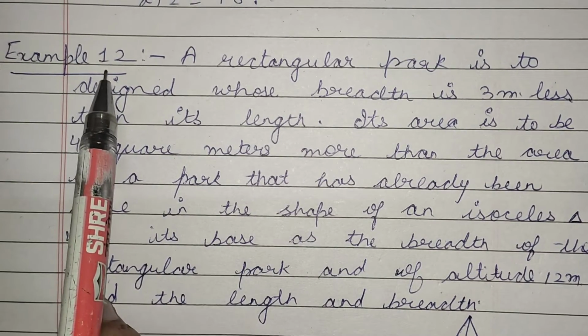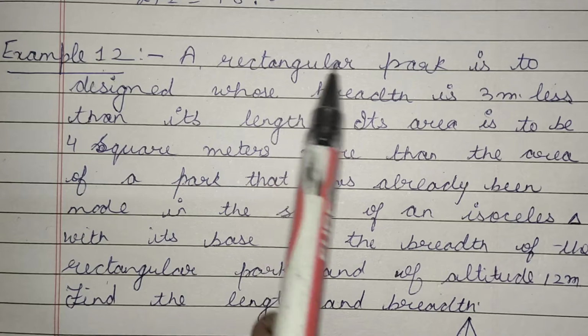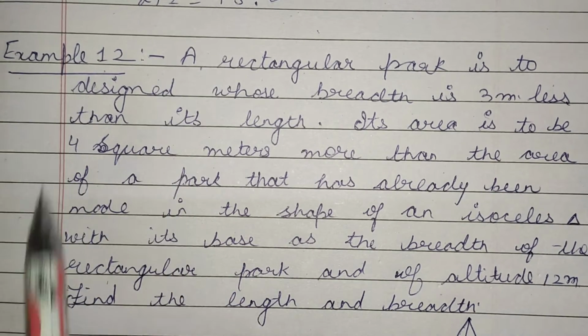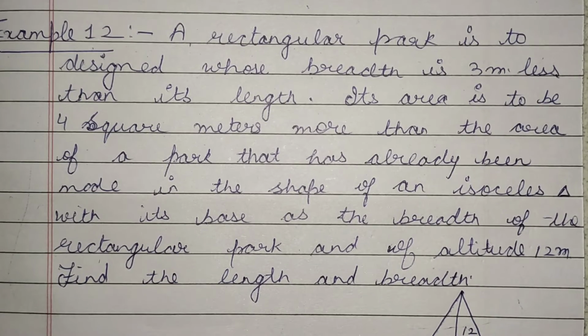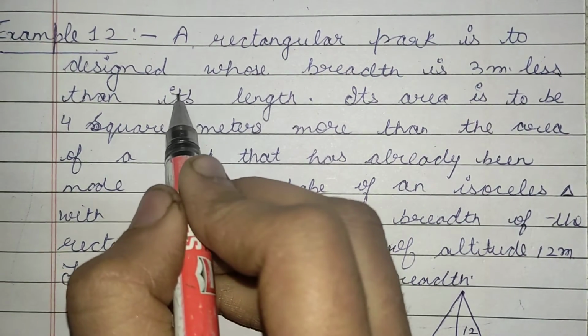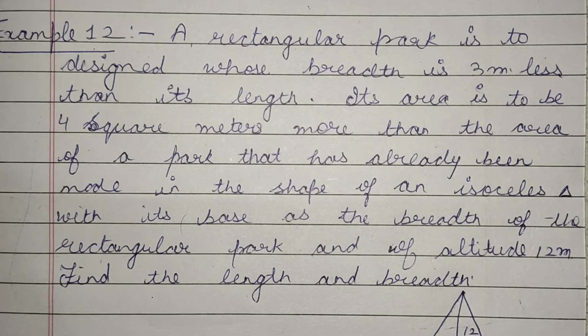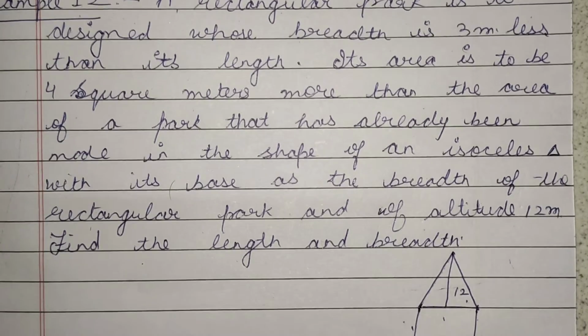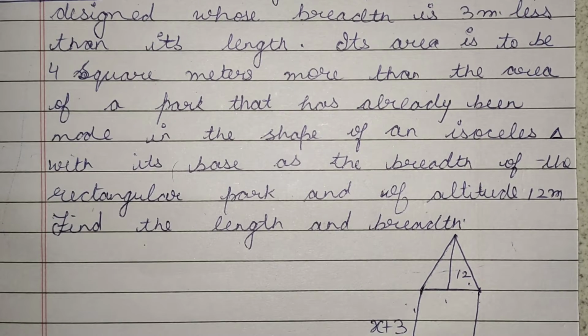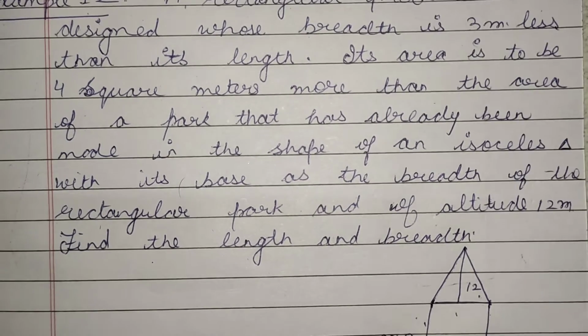Moving to example number 12, these types of examples are used to solve quadratic equations in your real life, right? I have told you earlier also that quadratic equations are used in finding the length and breadth of parks, in missiles, in aircraft, and while making bridges.